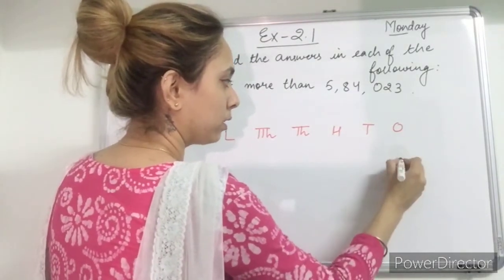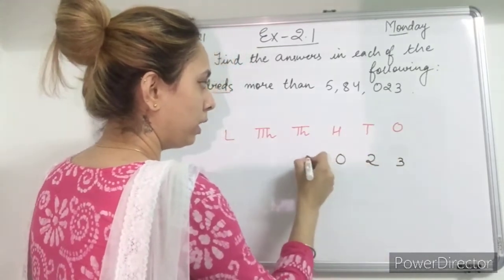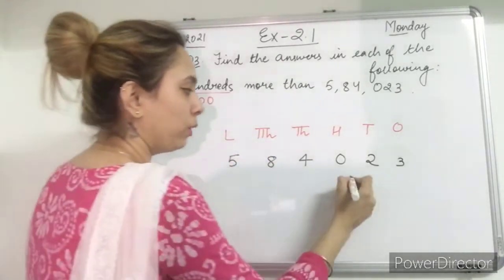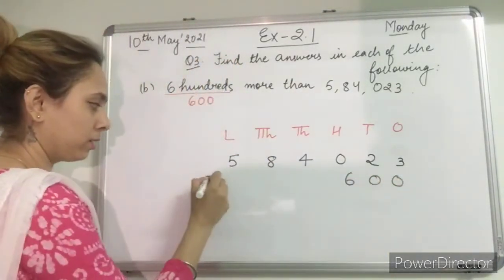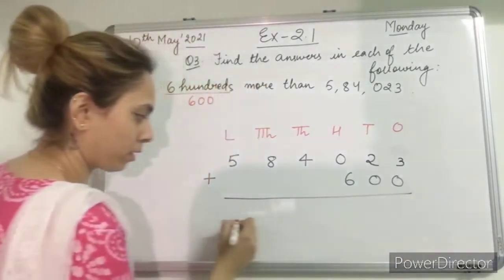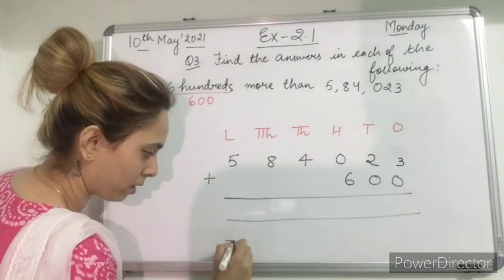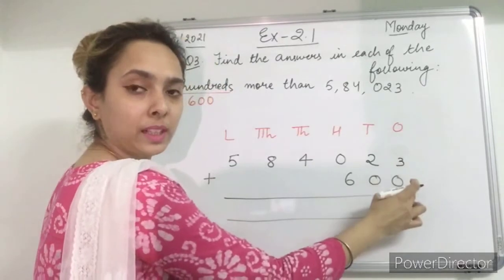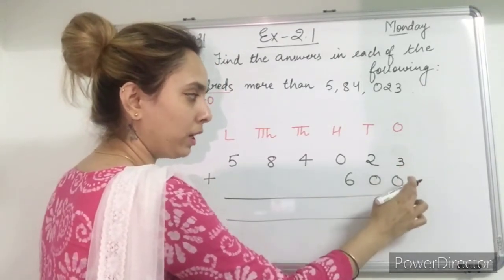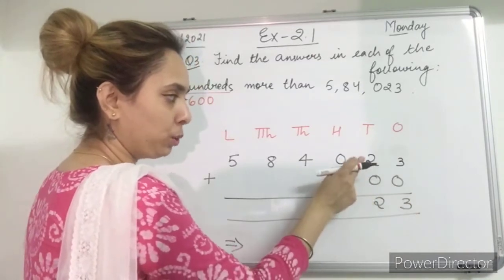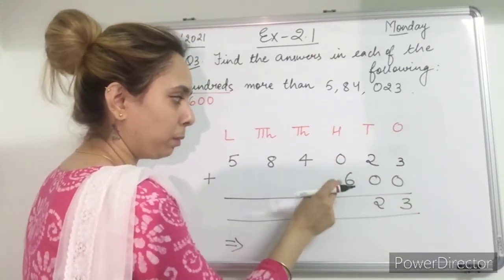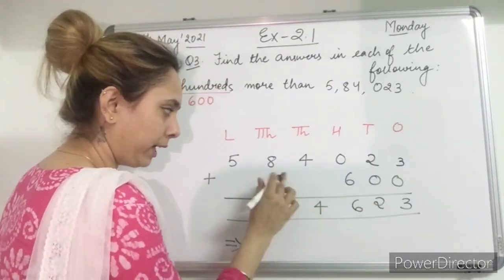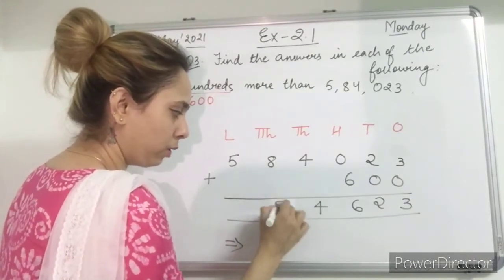3, 2, 0, 4, 8, 5 will be added with 6 hundreds. 0 property, I hope you remember 0 property. 3 added to 0, 3, the number itself. 2 plus 0, 2. 0 plus 6, 6. 4, nothing, means 0 only, 4. 8 plus 0, nothing, it means 0, 8.